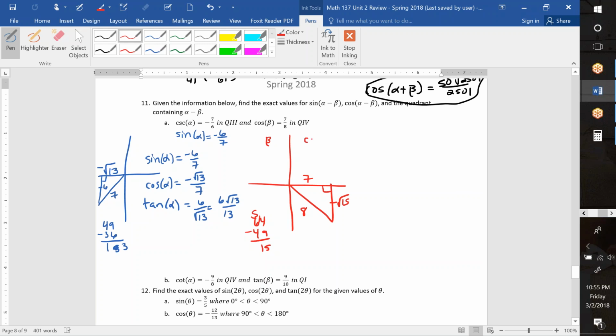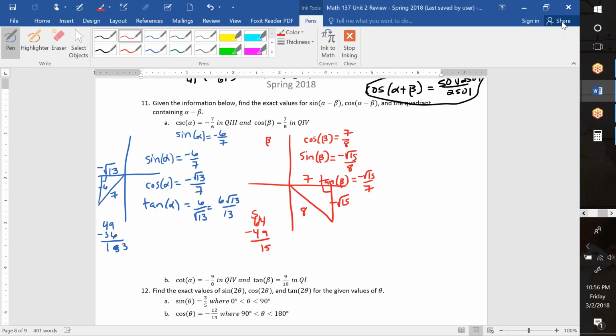So I already know cosine is 7 over 8. Sine of beta would be negative square root of 15 over 8. And tangent of beta, which we don't actually need for this problem, is negative square root of 15 over 7.